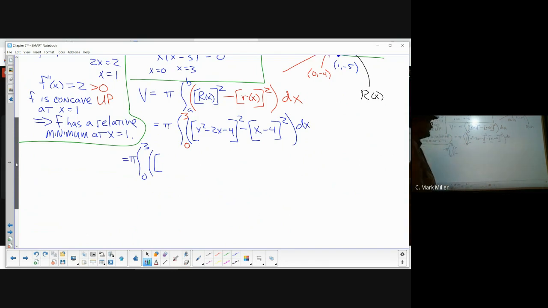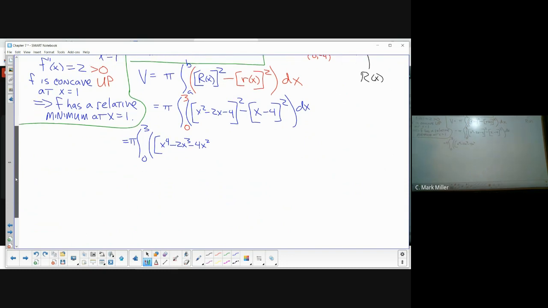It's a mess. So x squared times everything is going to give me x to the 4th minus 2x cubed minus 4x squared. Minus 2x times everything: minus 2x cubed plus 4x squared plus 8x.